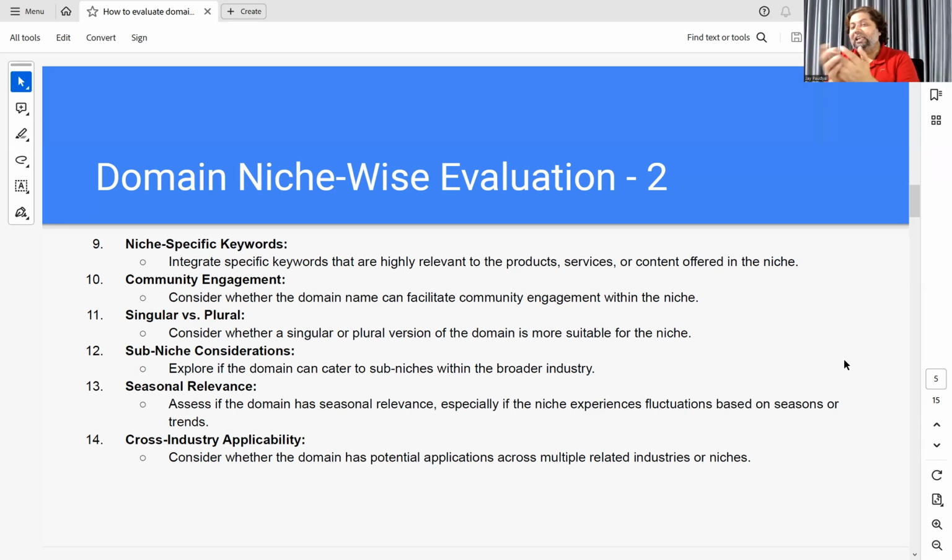But see, can you see Gadmo fails here? Because in terms of Gadmo, we cannot think of any community.